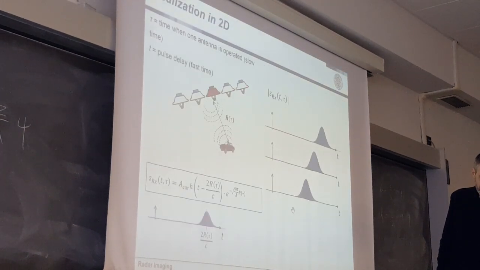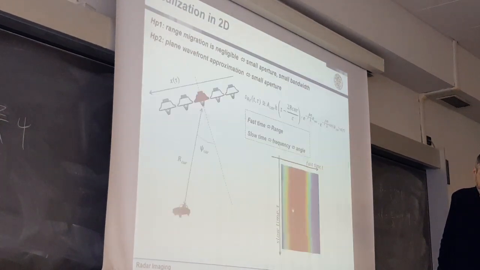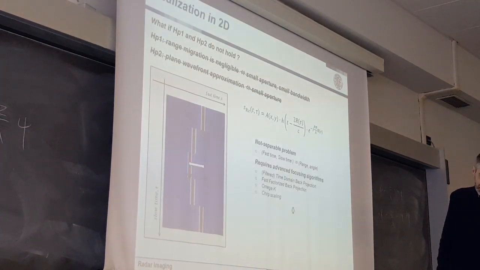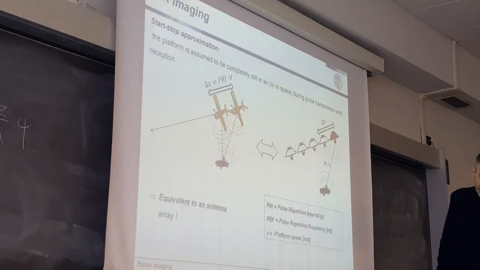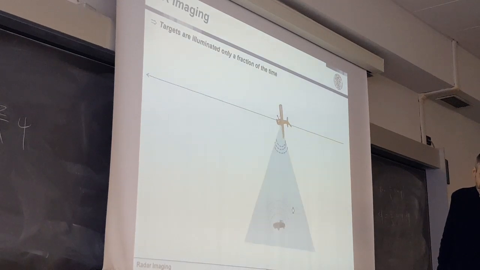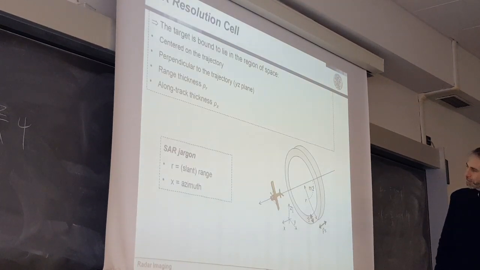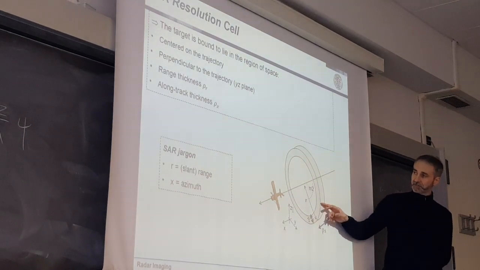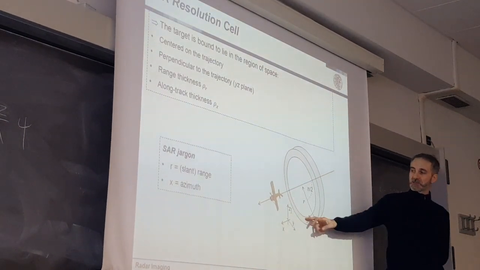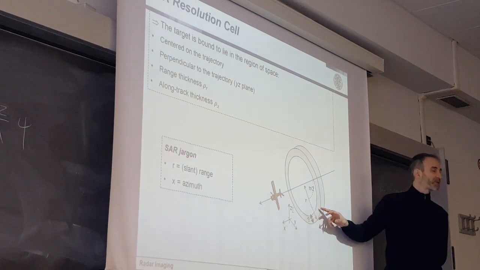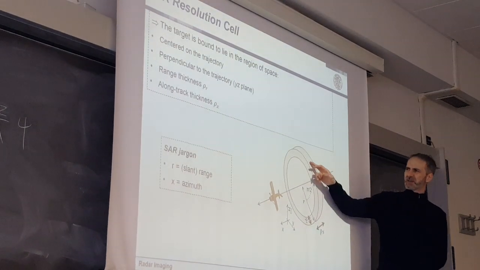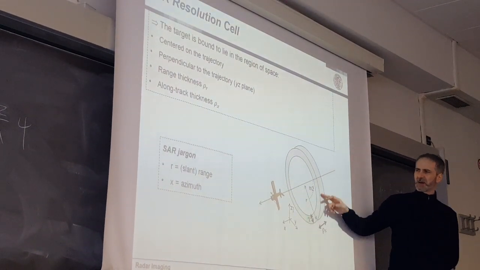What you can do is put a target on a certain resolution cell, and so your target will belong to this shape here. How do you say? This looks like a bicycle tire.